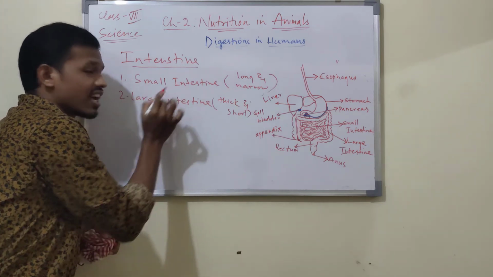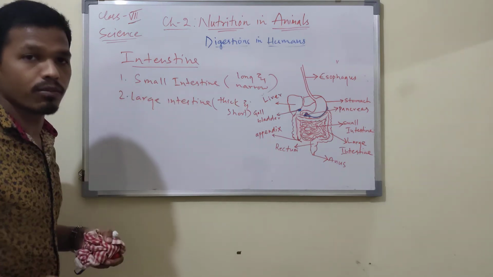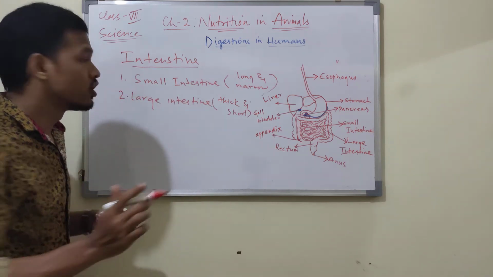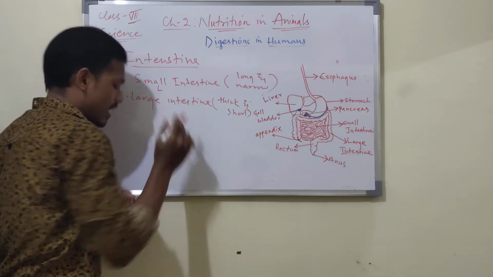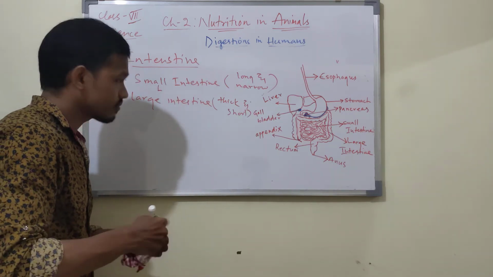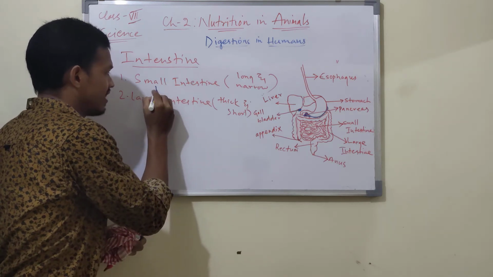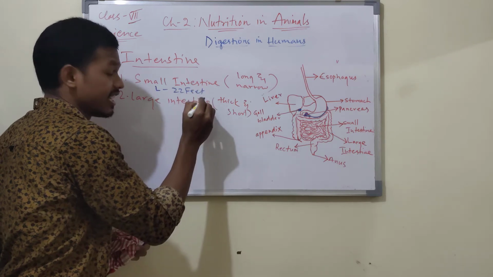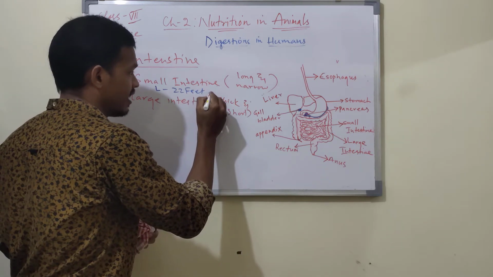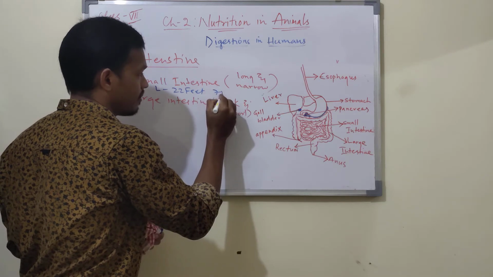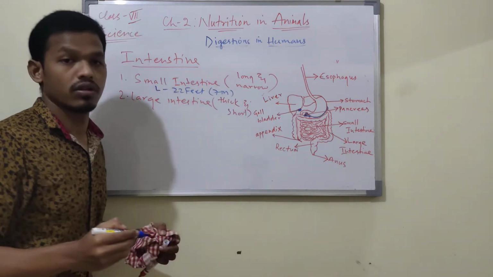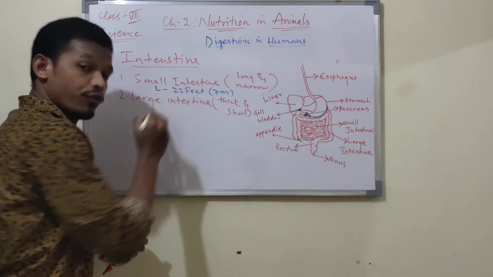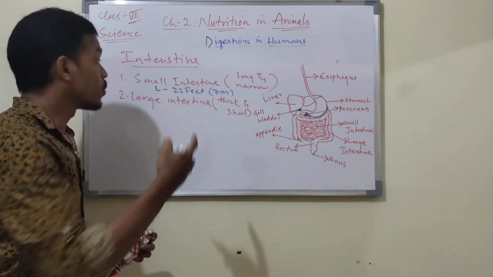So the small intestine, what is the approximate length? You will find it in the workbook. The approximate length is 22 feet.